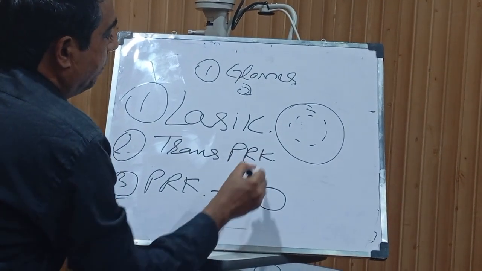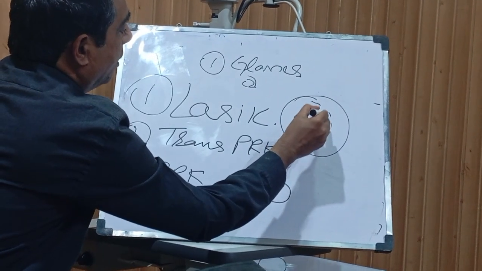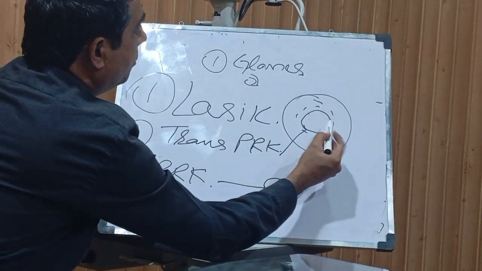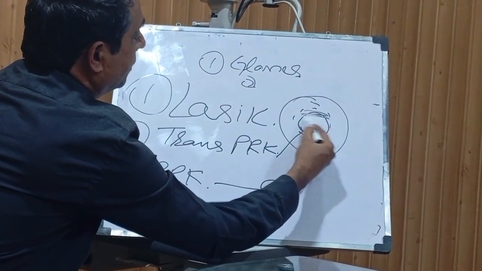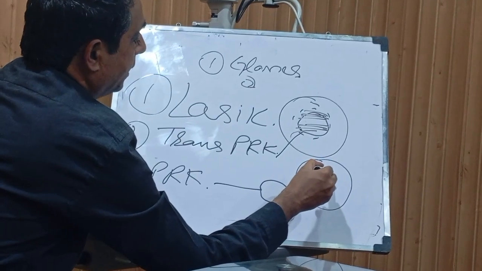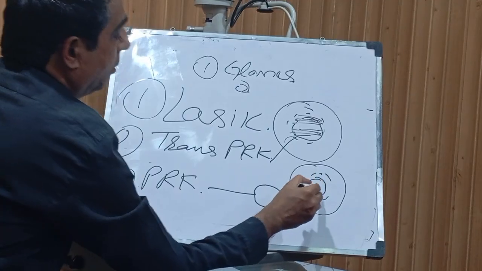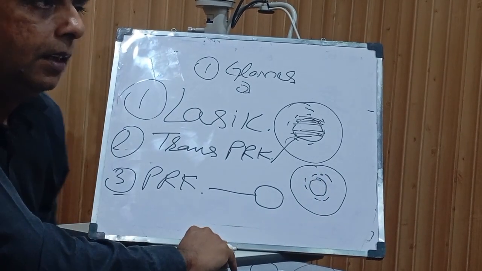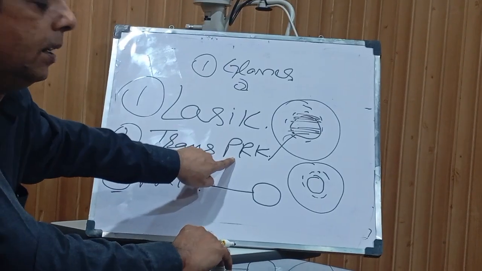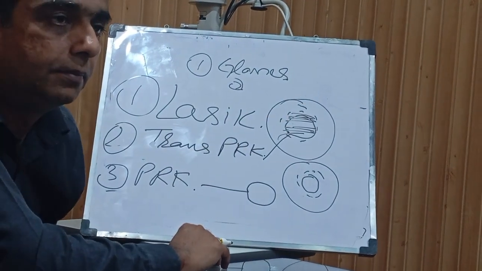We apply this instrument here and apply pressure, and then with a knife we remove the epithelium from this area. So this is the pupil, and this is the area of removed epithelium. In trans PRK, the laser removes the epithelium. In PRK, we manually remove the epithelium.